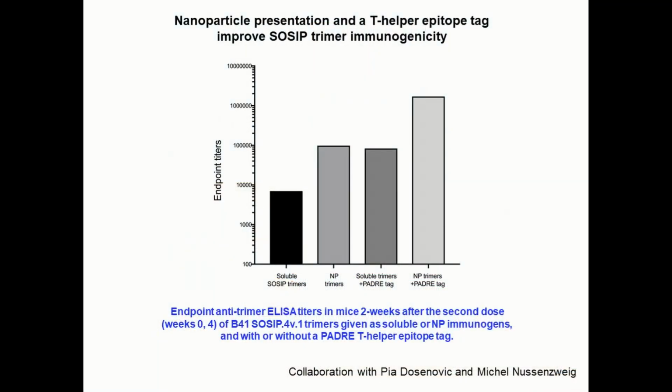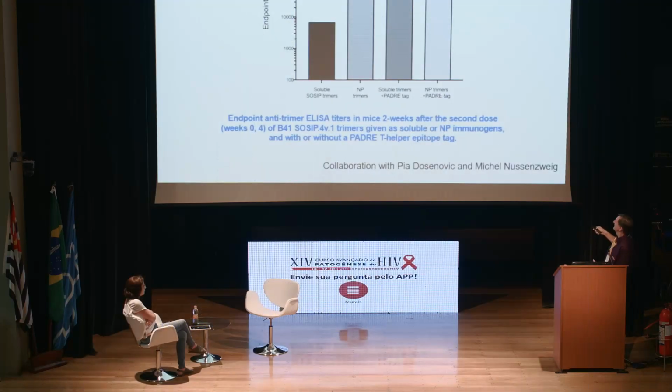Then trimers on a nanoparticle with the T helper tag, and you get a really strong binding antibody response after 2 immunizations. But is that going to translate to a better neutralizing antibody response? Well, we're still working on all of this. This is still ongoing work. But, in terms of basic immunogenicity, particles are generally boosters, but we have to figure out how to use them.